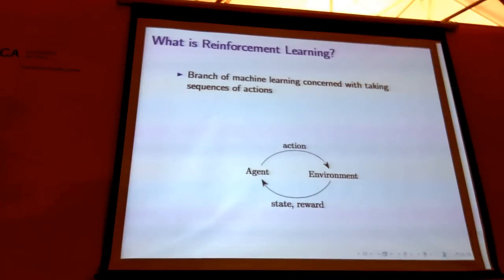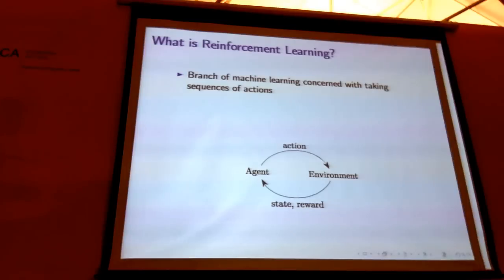Okay, so first question is, what is reinforcement learning? In a broad sense, it's the branch of machine learning concerned with taking sequences of actions, and sometimes it's called control, sometimes decision making, and so forth. Usually the two main characters are the agent and the environment.